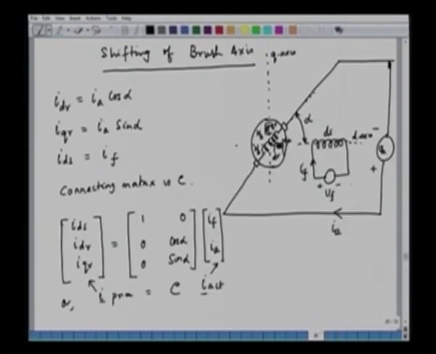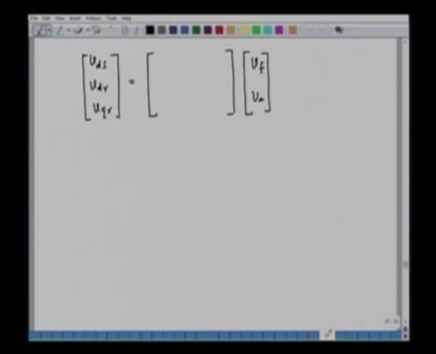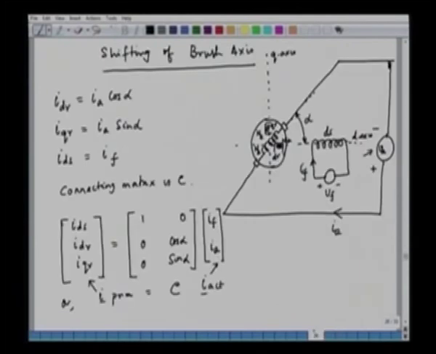Now, what is VF? VF is the field voltage here, and VA is the armature voltage applied here. VDS equal to VF. We can see here that VDS and VF are the same. This is VDS, and this terminal is a positive terminal closer to the center as per the convention. So, VF is equal to VDS.